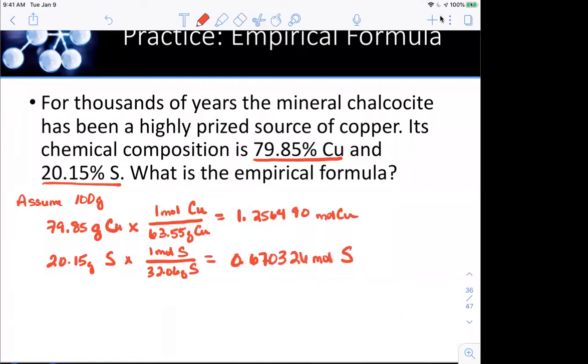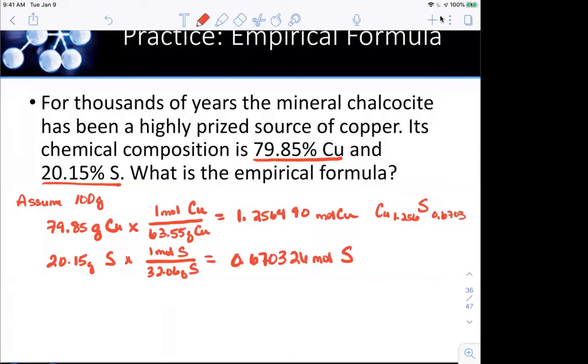So here I could write my pseudo formula. I could have copper 1.256 to sulfur 0.6703, because that's the mole ratio, the moles of sulfur to the moles of copper.